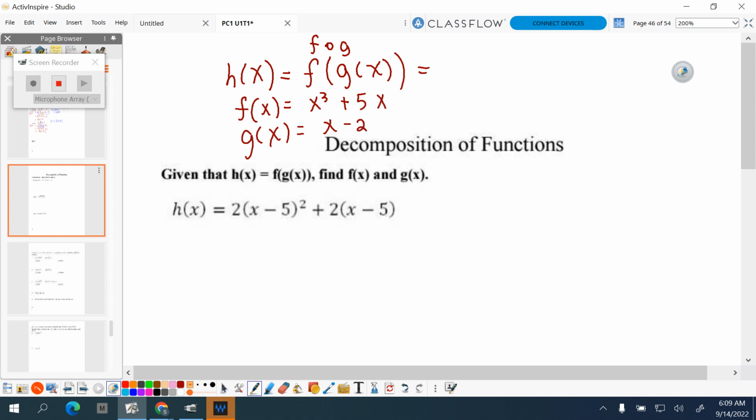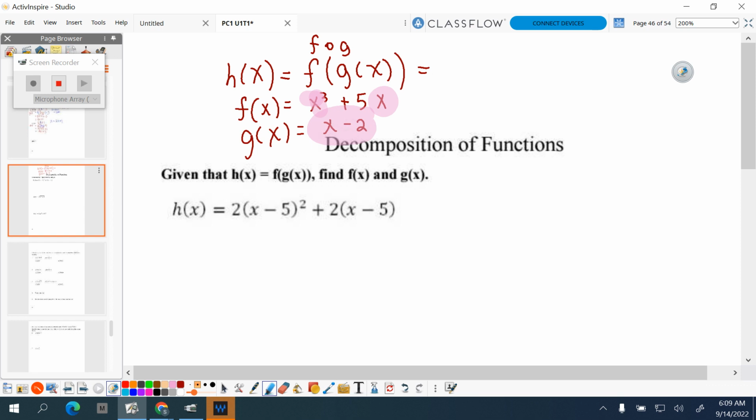Recall that our goal is to replace all of the x terms in f of x with all of g of x.